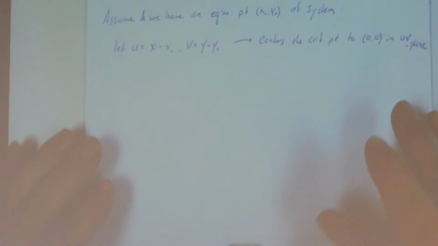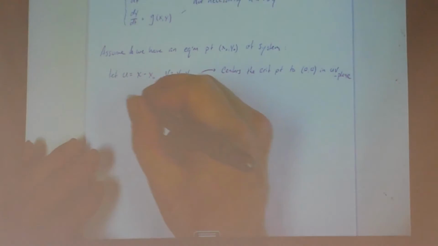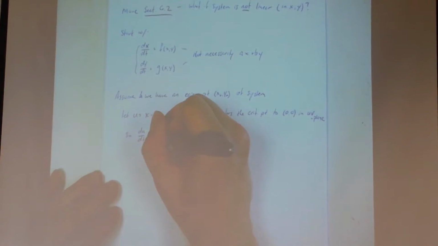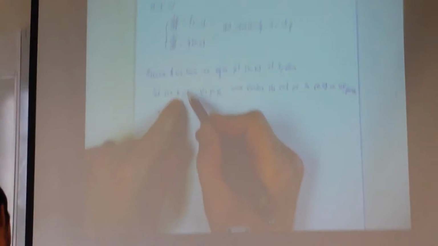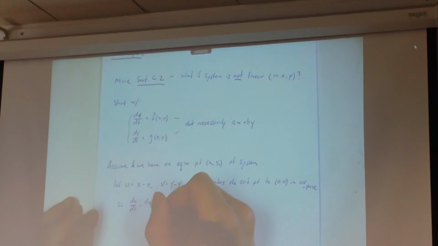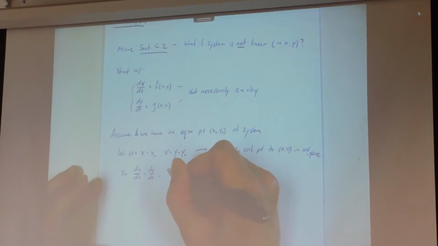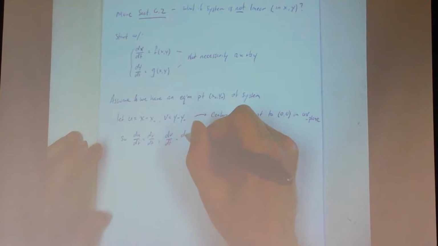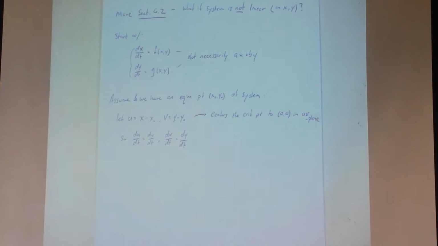Now, one thing to note with this transformation, this is a rigid transformation. So du dt equals, if I differentiate the right side with respect to t, I just get dx dt. And dv dt is also just equal to dy dt. Okay? So it's a linear shift.